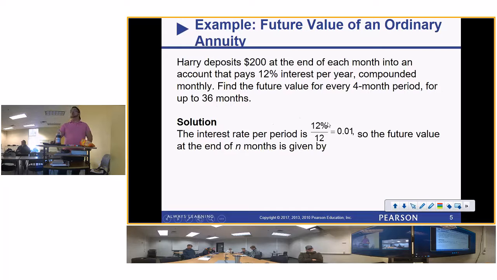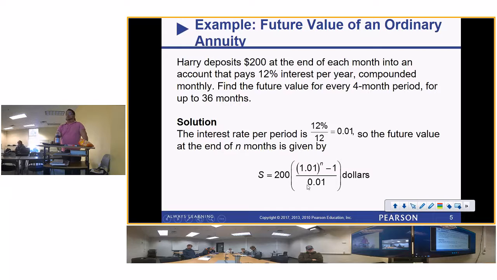Now, of course, there's r over n, so that's i, whatever they call it. So they plug it in, there you go. They're asking to find the future values for every 4-month period, up to 36 months, and they should do that on the next one, because that's where you're finding n.